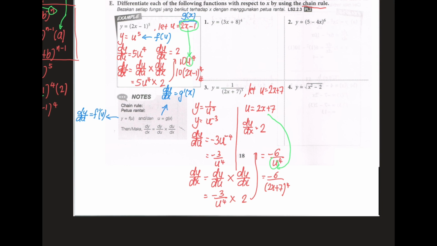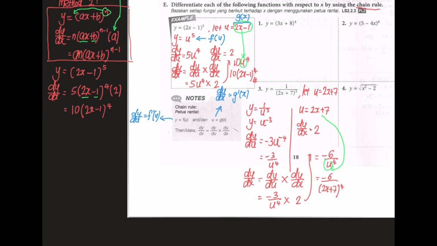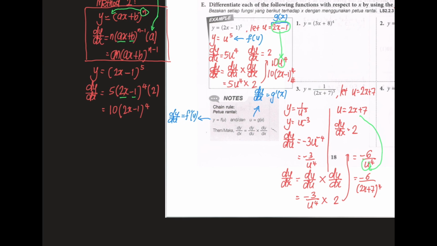Okay, let's see method 2 one more time. I showed you chain rule twice already, so I show you method 2 one more time here. If you are using method 2, y equal to 1 over 2x plus 7 power 3. So we need to bring it up: 2x plus 7 power negative 3.